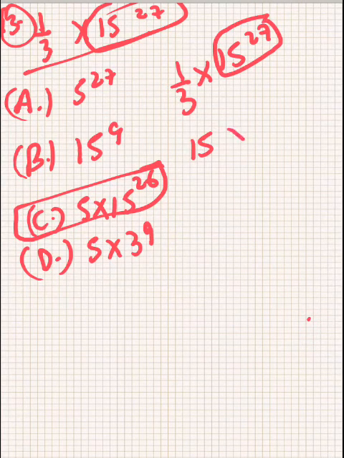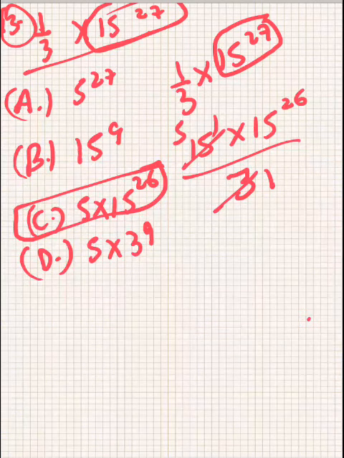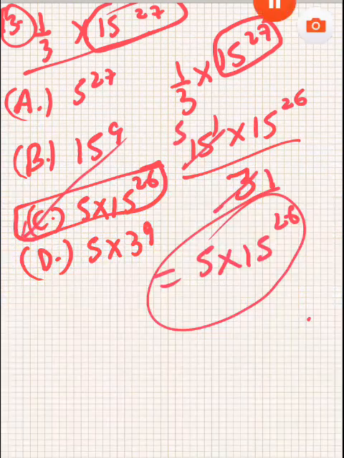What will be left with us will be 26, because we have taken 1 here, and here 3 same. So 3 1s are 3, 3 5s are 15, 5 into 15 raised to power 26. So C part is our option. It's very easy, just look at once on the options.